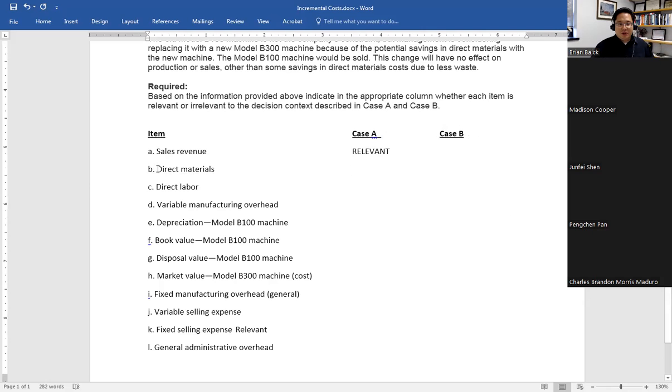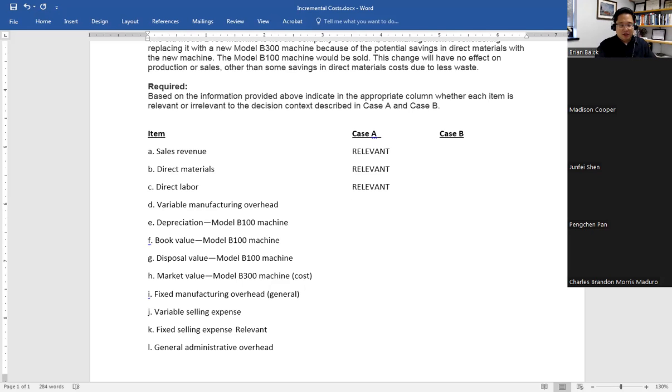How about direct materials? Will I need more materials if I add a machine or don't add a machine? I think that's relevant, because adding another machine means I need more materials. So whether I add a machine or not, the amount of materials I need is going to be different. It's relevant. I need to consider it. Direct labor is also relevant because if I use a new machine or not, maybe I need to hire more people.